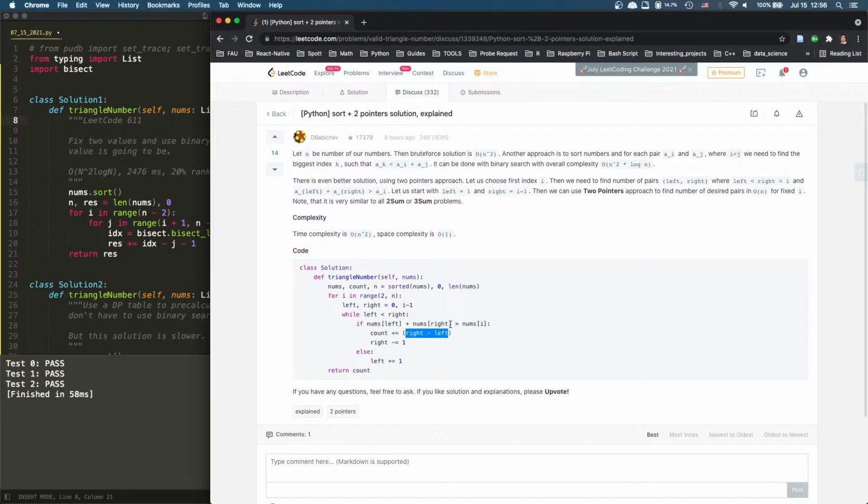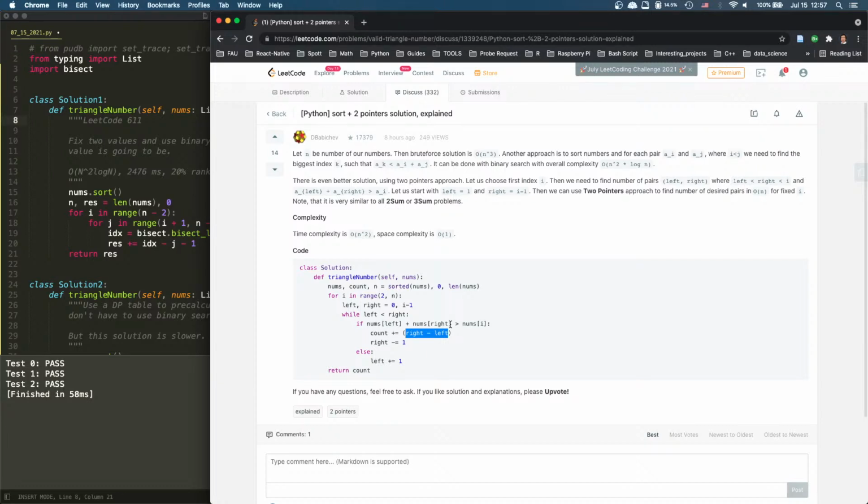So if the sum is smaller than that, we move here, move until we hit it. And once we hit it, these two are larger than this, then everybody in between will work, right? So once that happens, we move the left. Wait, do we move the left? No, we don't move the left, we move the right. Are we always moving the right?